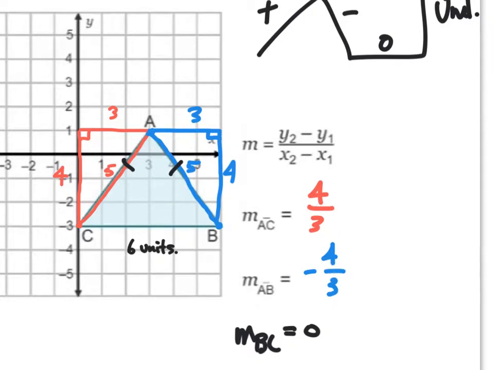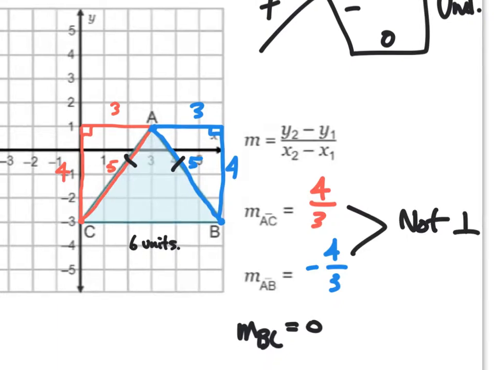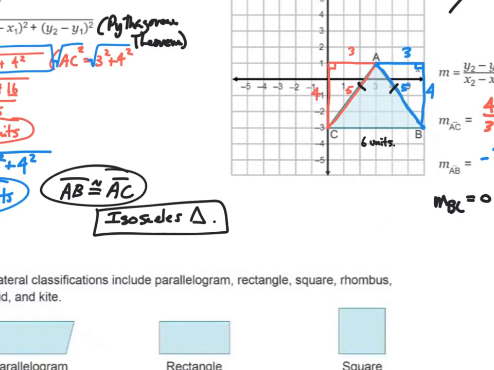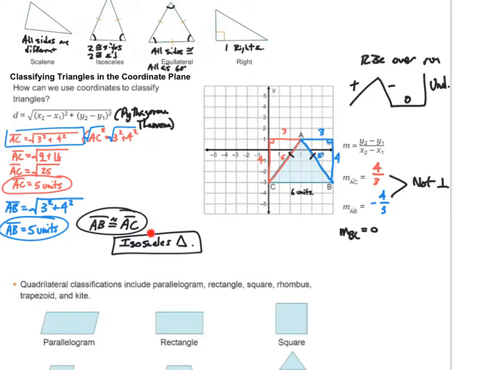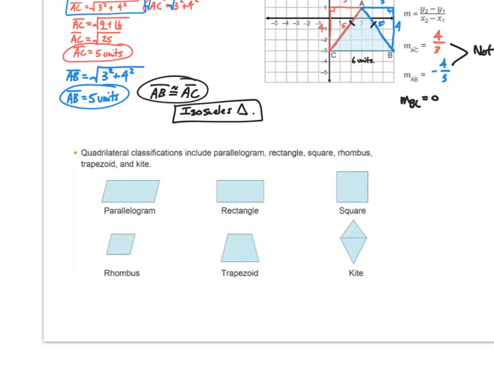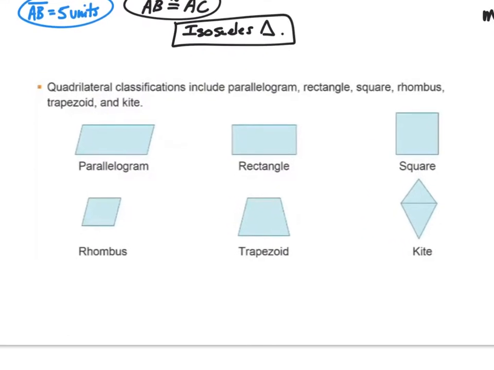They're not perpendicular. That's kind of the key. We're looking to see if they're perpendicular. They are not perpendicular. So what I know is that we just have a regular isosceles triangle. If these would have been perpendicular, then we would have had a right isosceles triangle. So, all right, let's jump over to quadrilaterals and see how we would do those.